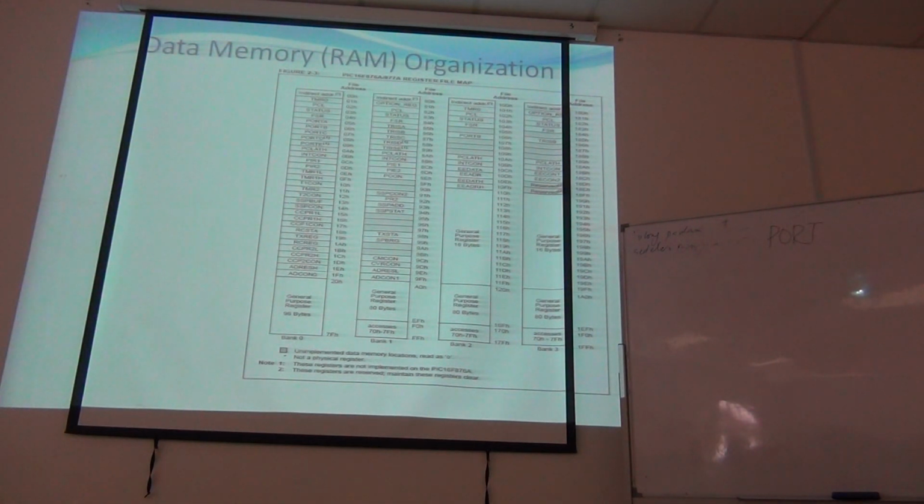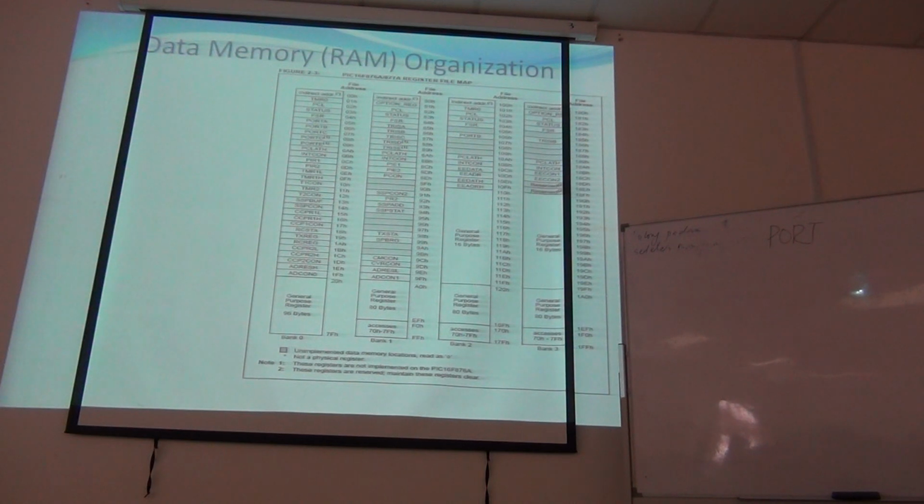The register for the port, where is it? Here. So the port is also another register, which is also divided into A, B, C, D, and E.